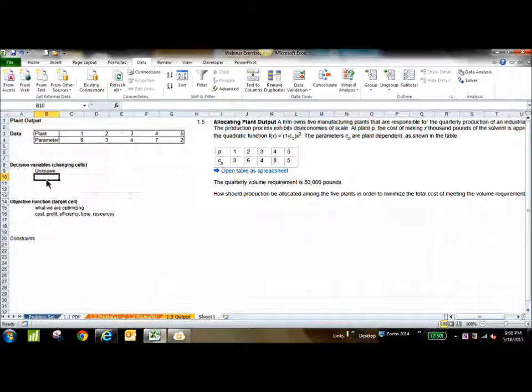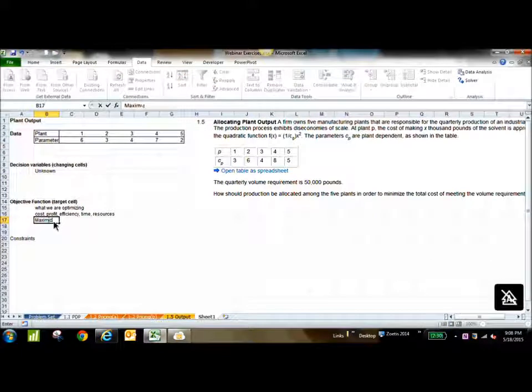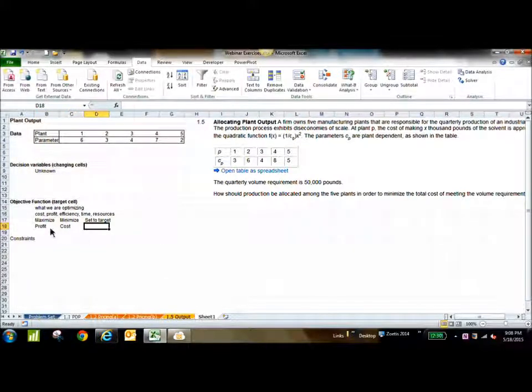When we talk about the objective function, what we're trying to do is two things, or three things: maximize, minimize, or set to target. When we say maximize, obviously we're talking profit. When we say minimize, usually we're talking cost. Also, we could say maximize efficiency, minimize maybe lead time or time, right?